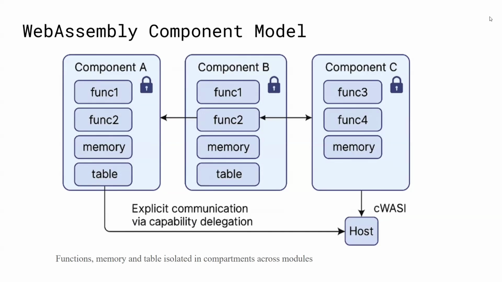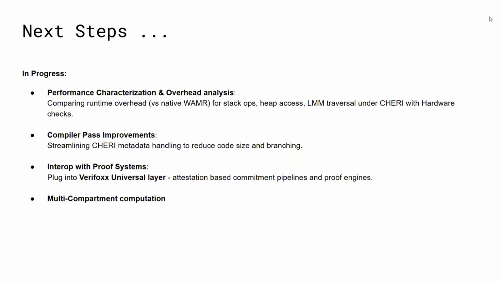You don't have to rewrite every module every single time or compile it into the same module. You can talk between multiple modules, which are now restricted to certain compartments. And this inter-module communication is basically happening through capability delegation. When we say capability delegation, we know that it has a provenance, so it cannot exceed its parent's permission. It will be given just the bounds and permission it needs to go and do its job, and it will return back to the parent module.